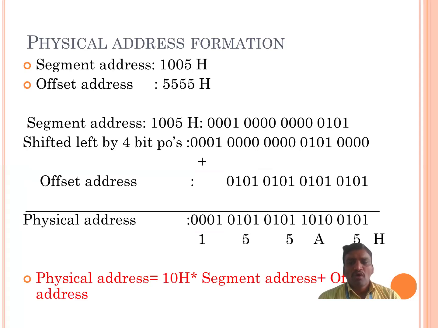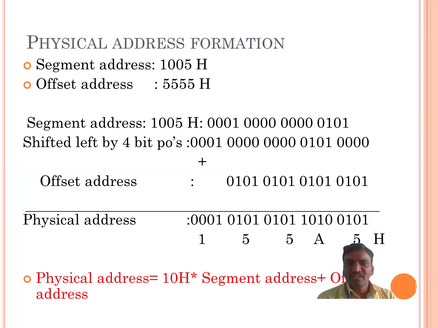So the adder we have in the bus interface unit can add the contents of the segment register with the contents of the offset registers. How can it add? First of all, the contents of the segment register are shifted towards the left by 4 bits.